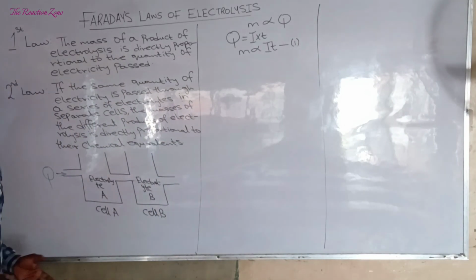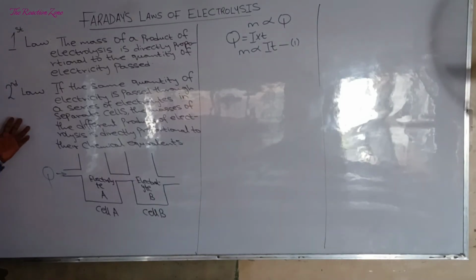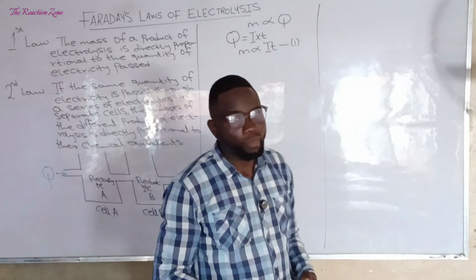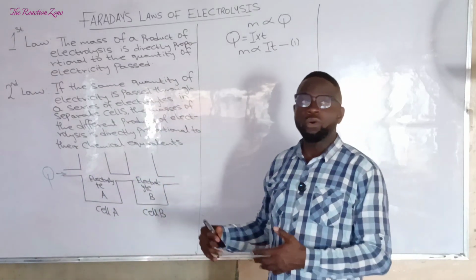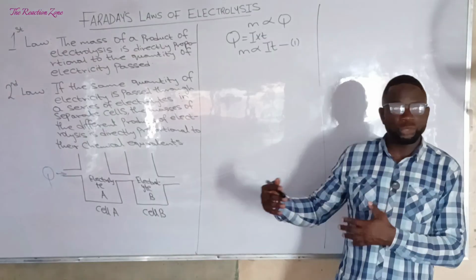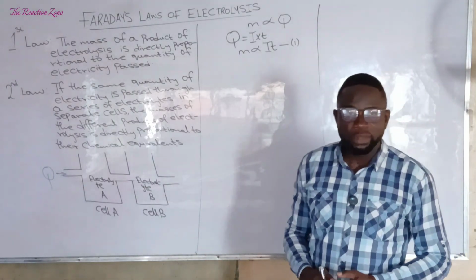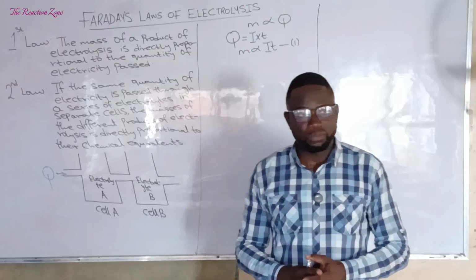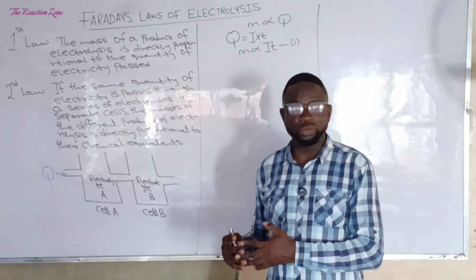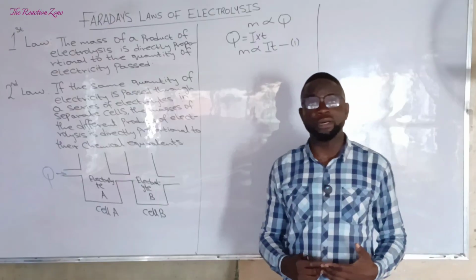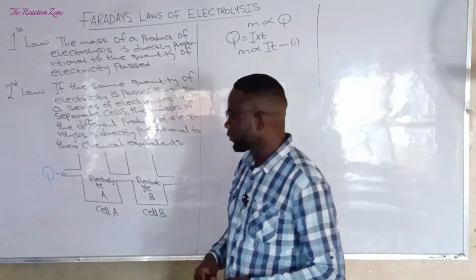And then let's come down to Faraday's second law. Faraday's second law says that when two or more electrolytic cells are connected in series, the mass of each product of electrolysis is directly proportional to its chemical equivalent.